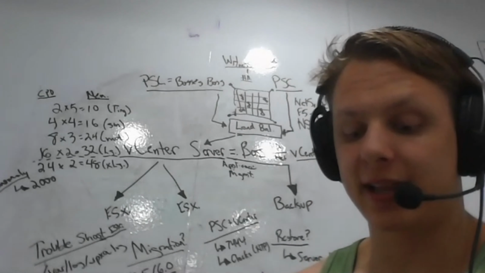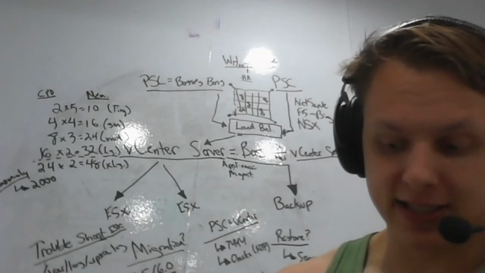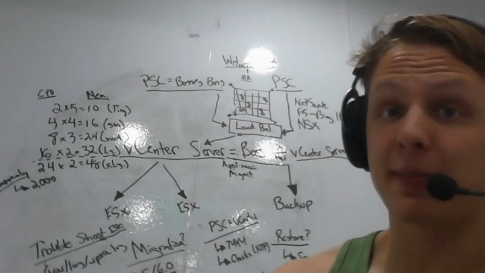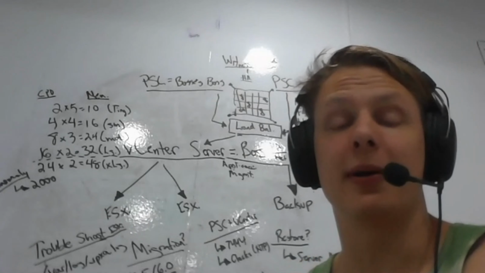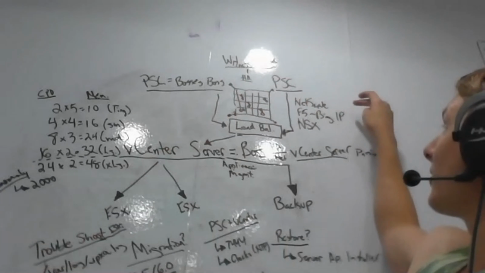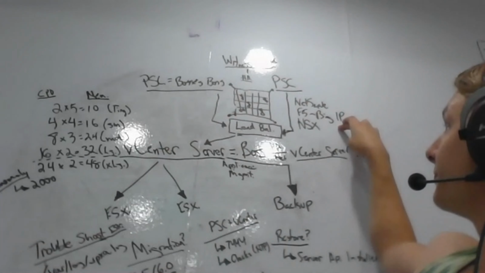The way I like to think about things is I like to use analogies to the physical world, like stupid little things to help me remember for the test. So the 3 different load balancers that are supported are NetScaler, F5 Big IP, and NSX.